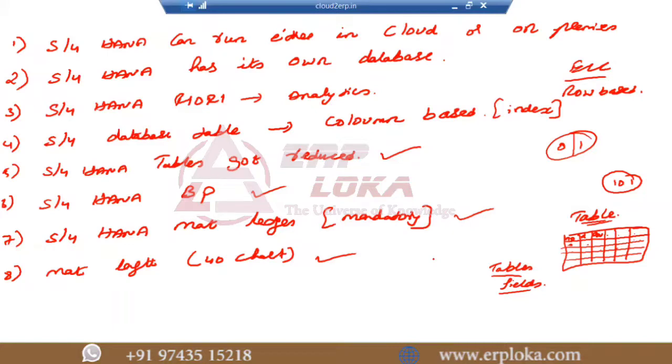But now I said in S/4HANA, tables got reduced. Think that you have an MSEG table in ECC, and this table is collapsed in S/4HANA. You don't have it in S/4HANA. Then how are you going to transfer or copy the complete data from MSEG to S/4HANA? That is not possible. That is the complication, a problem and concern when you are doing a conversion project.